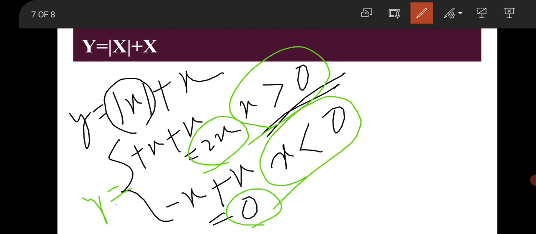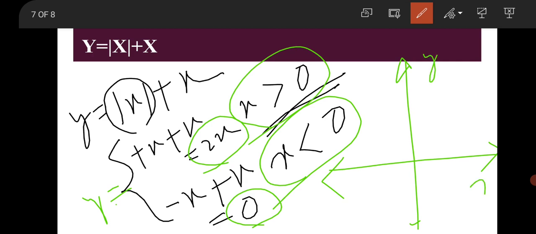So the possible graph for the given function is like this. This is our y axis, this is our x axis, so the graph will be like that. For x less than 0, that means for the negative x axis, the function is 0, so this line lies exactly on the negative x axis.